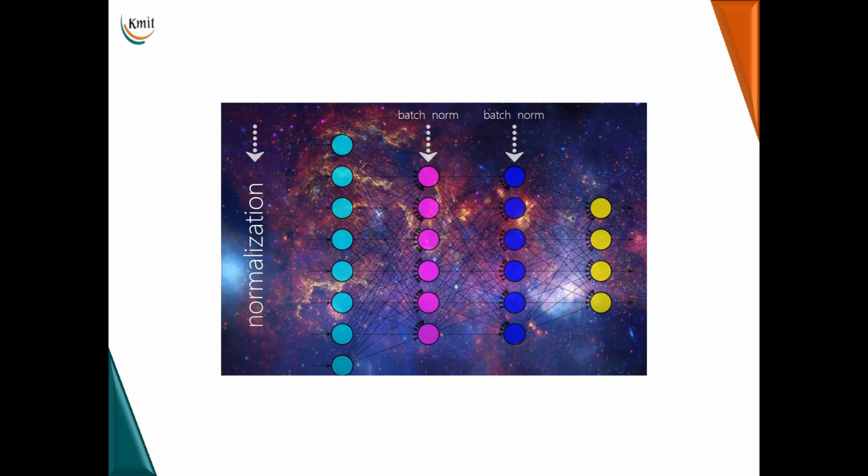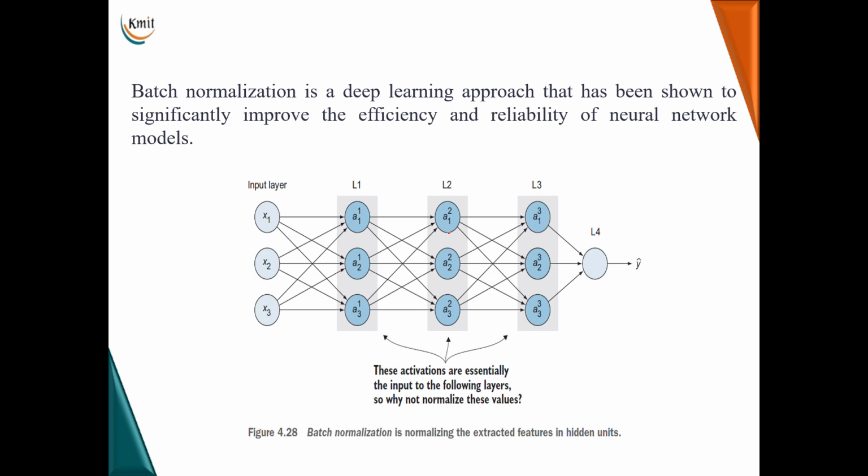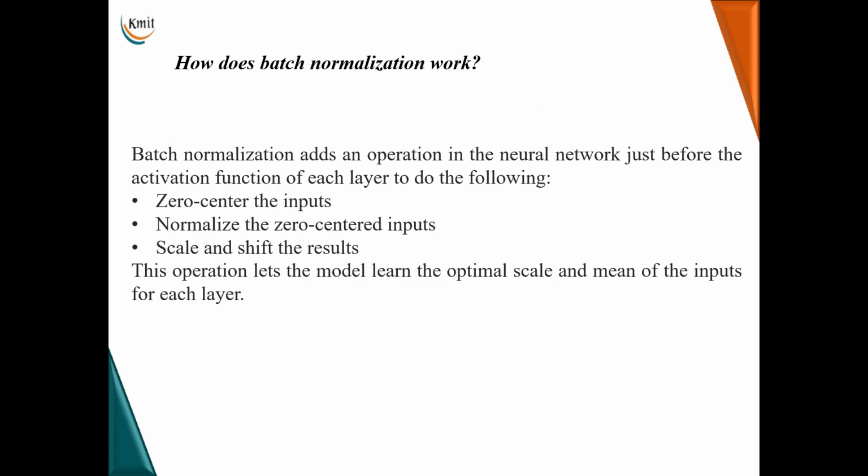So the difference you notice here is that normalization is done prior to providing input to the model, whereas batch normalization is performed within the hidden layers of the network. So this will increase the stability also. As the normalization is done in batches, it is called batch normalization. You can see here, these are the inputs and I am performing batch normalization at the hidden layers once the activation function is applied.